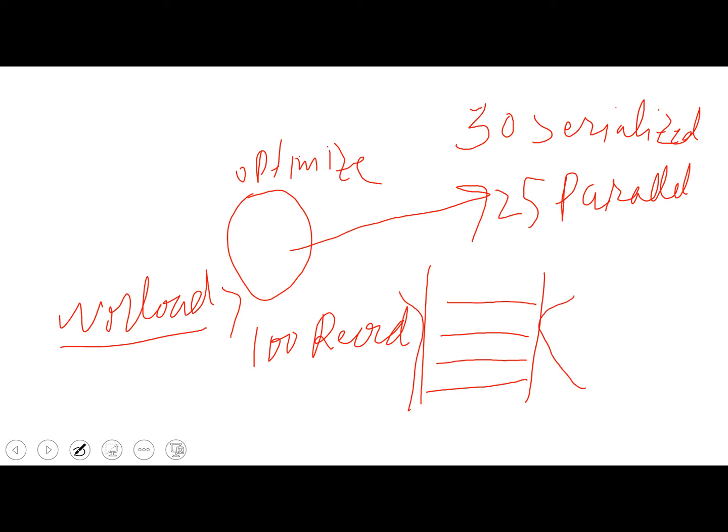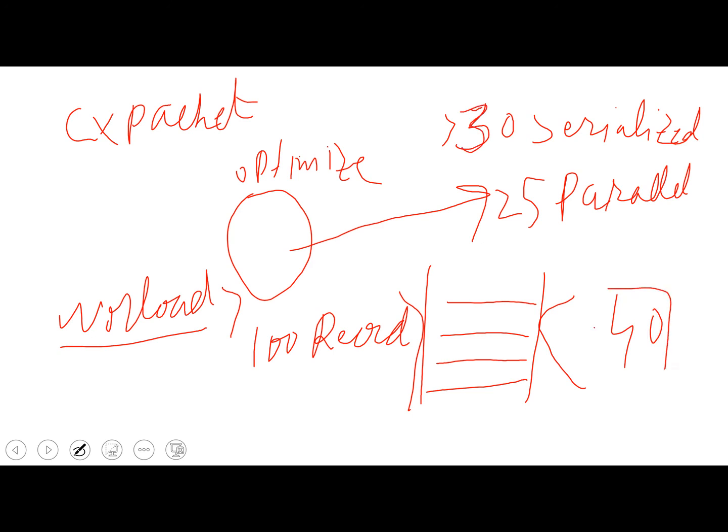So this will make the process slow, and the slowness will be recorded by the CXPACKET wait type, showing that this much time is taken by the parallel processing. And this time may be greater than the serialized time. For example, to execute all these 100 records in parallel, it may take 40. This is any number which will be created by the optimizer.